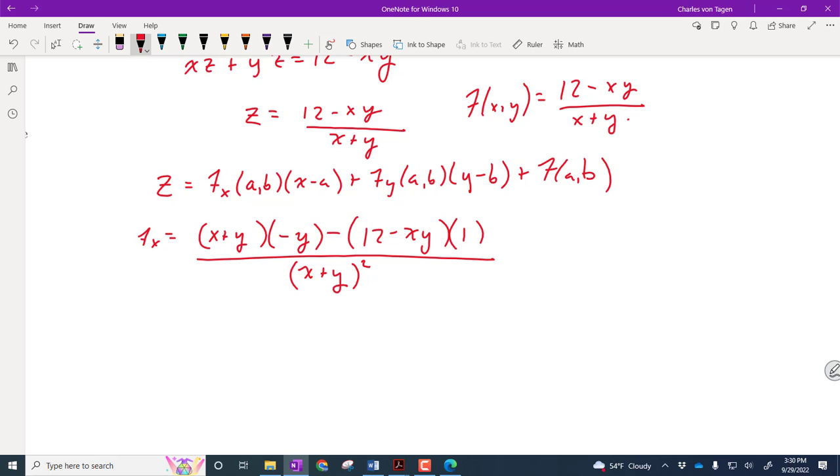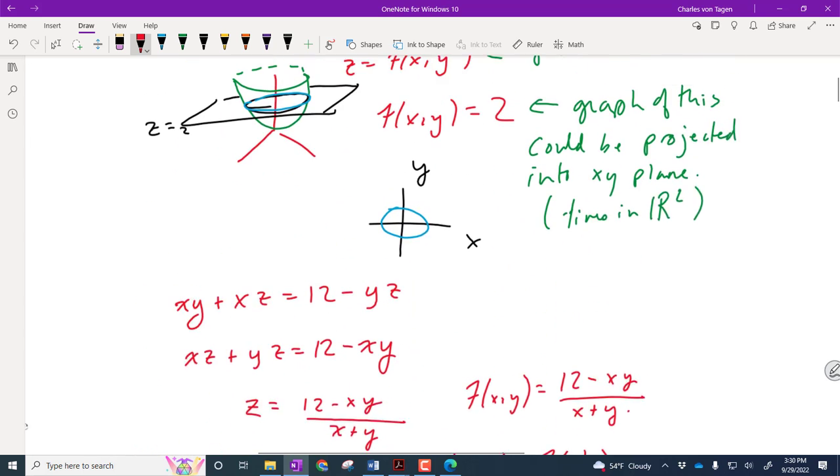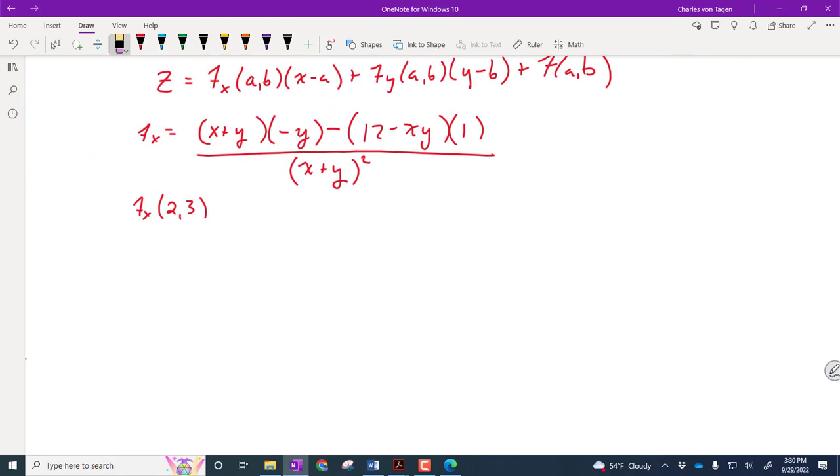Okay. So if I go to compute f sub x at the point, is it 2, comma 3? No. 206 was the point, and so for x and y that would be 2 and 0. If I were to do that, let's see here, this is times a 0, so that's going to die off. Here I get minus 12 divided by 4, which gives me negative 3.